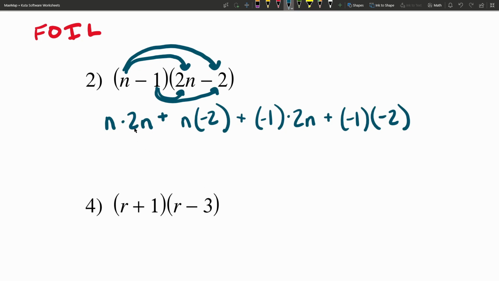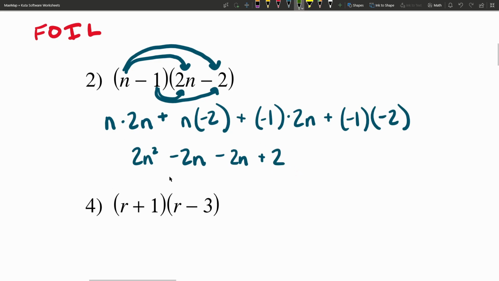So we're going to get n times 2n, which is 2n squared, plus n times negative 2, which is a negative 2n, or minus 2n, plus negative 1 times 2n, which is a negative 2n as well. And then finally, plus negative 1 times negative 2 is a positive 2.